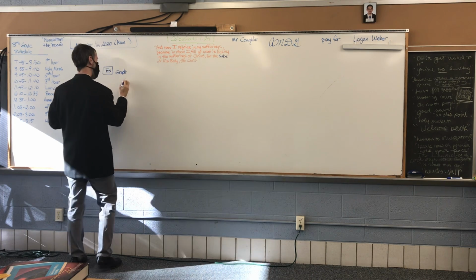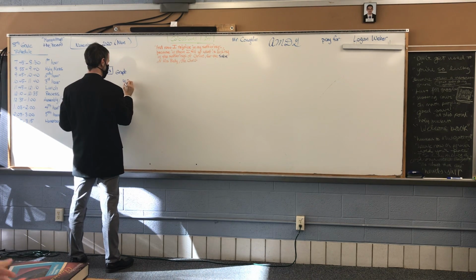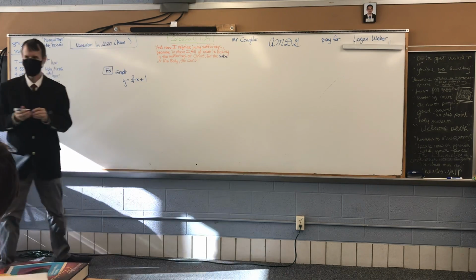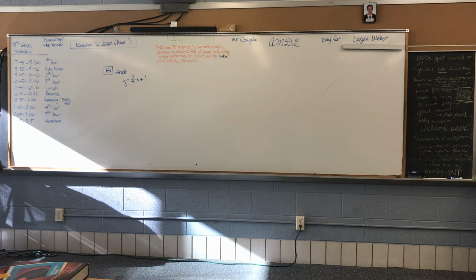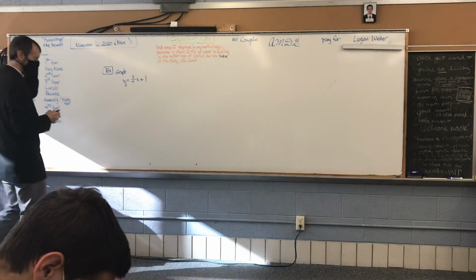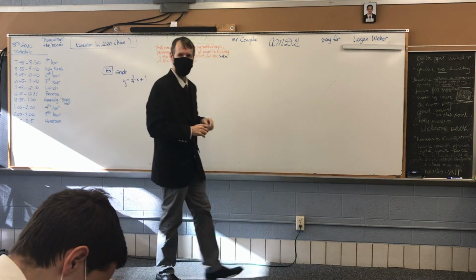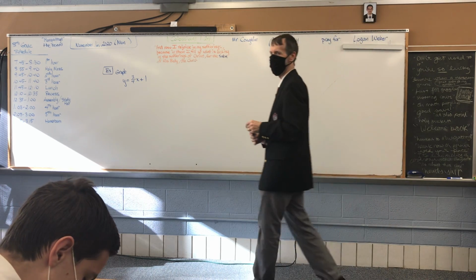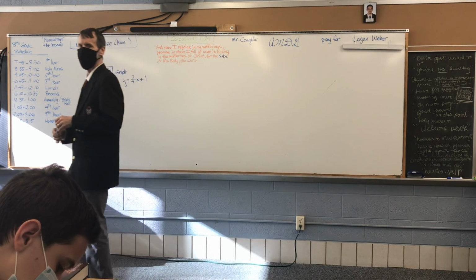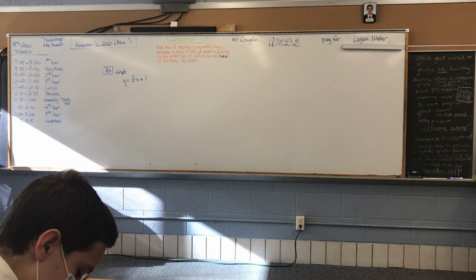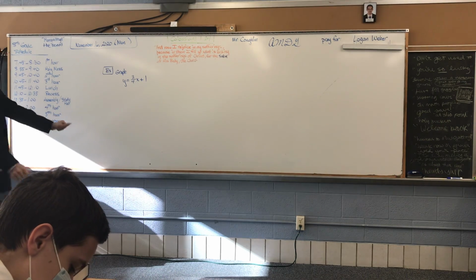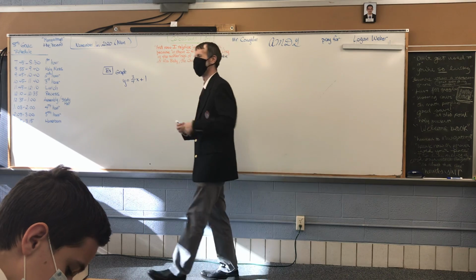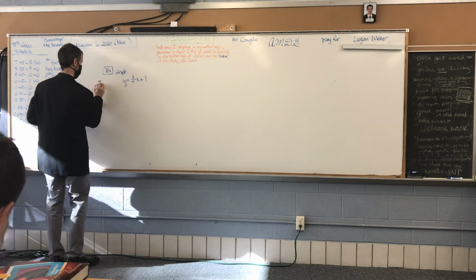Graph the following. Y is equal to 3 over 4x plus 1. We had a test on this, so it should be relatively fresh. First, can someone tell me what form that is? It is slope-intercept form, correct.